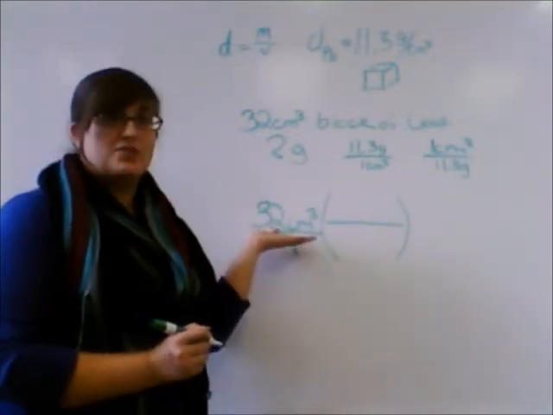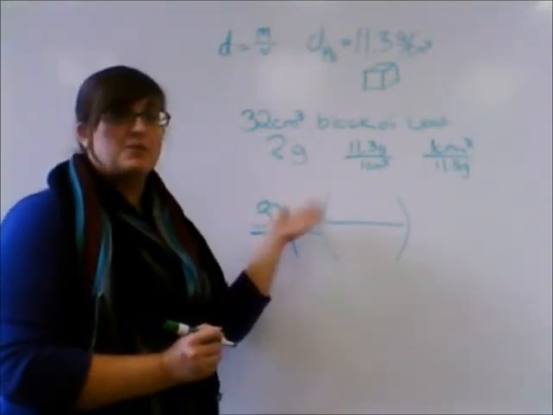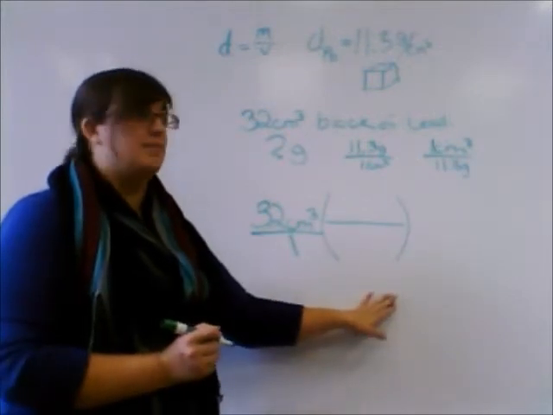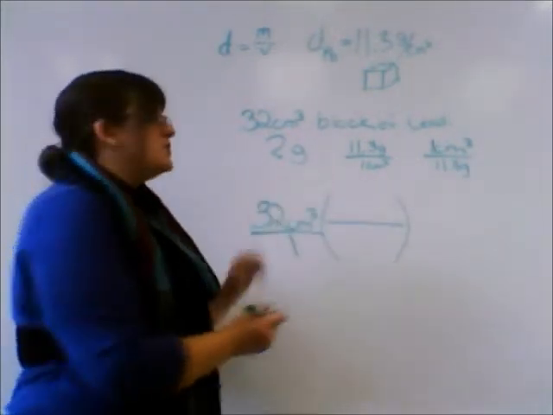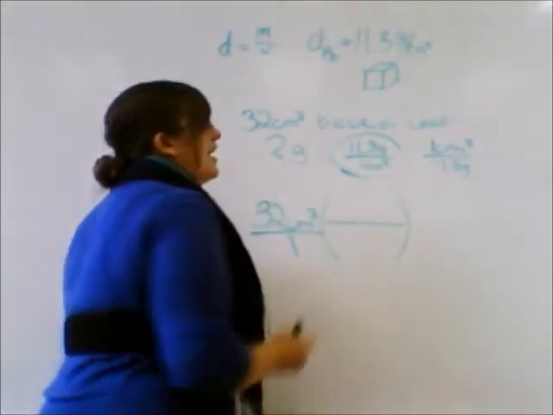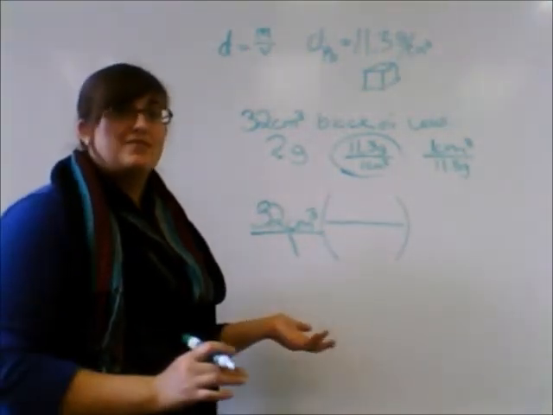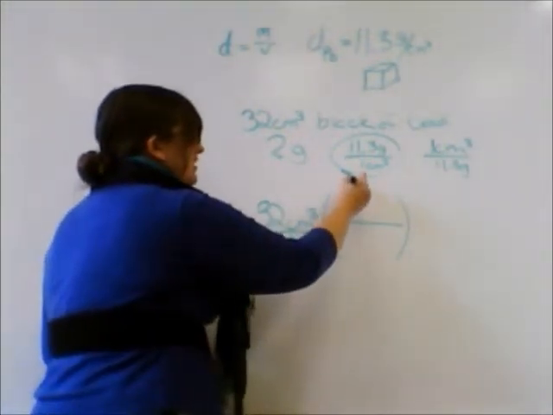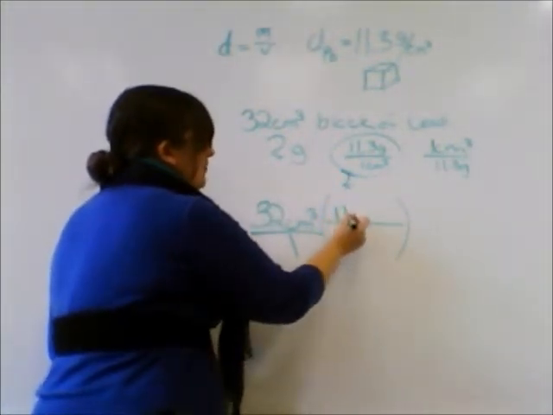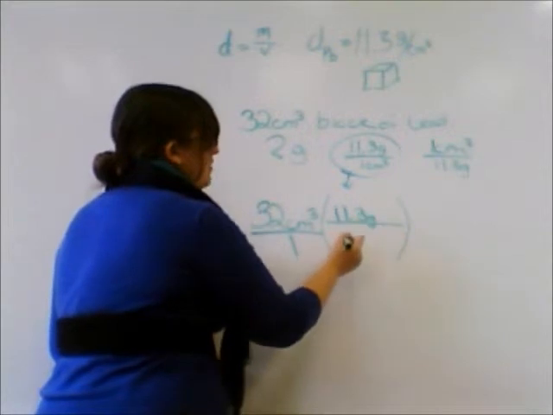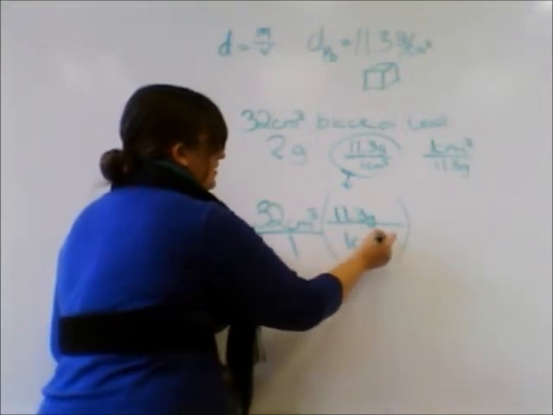So our centimeters cubed are going to be on the top, which means they now need to go on the bottom. Of these two ratios, the first one has centimeters cubed already on the bottom. So all we have to do is plug it in directly. So we have 11.3 grams over 1 centimeter cubed.